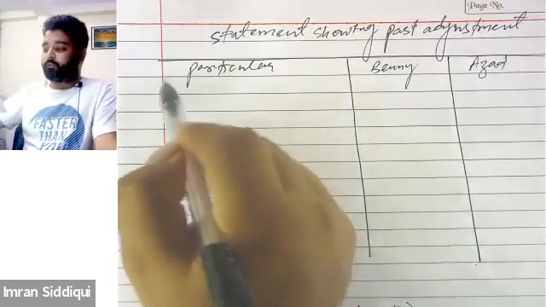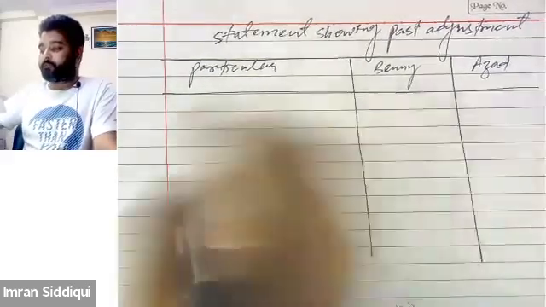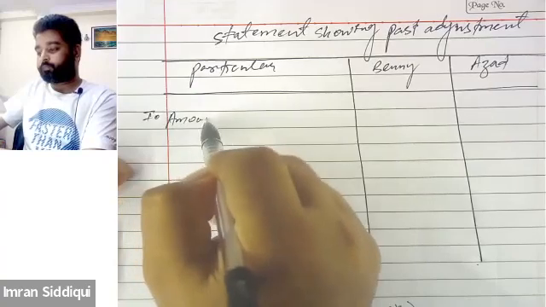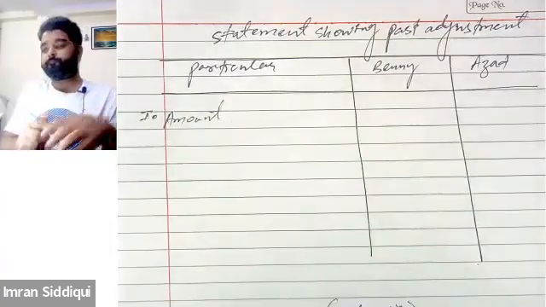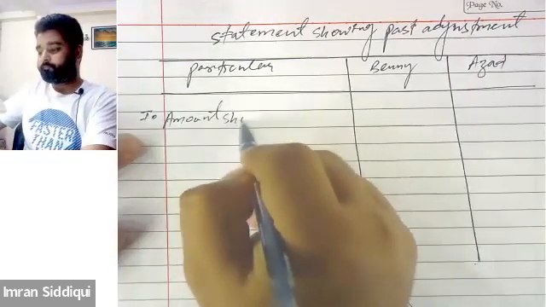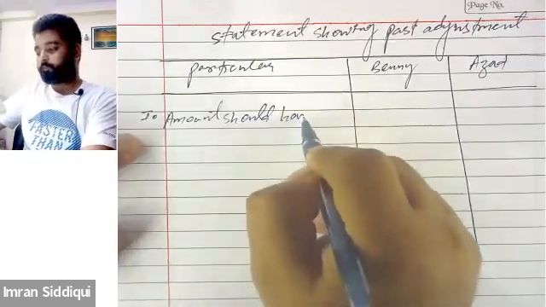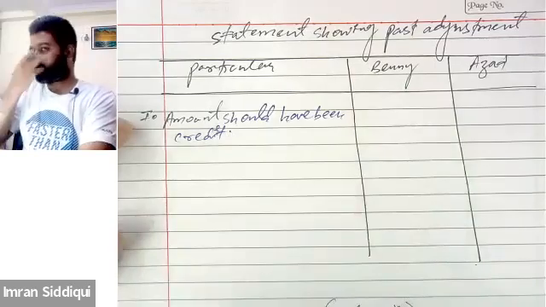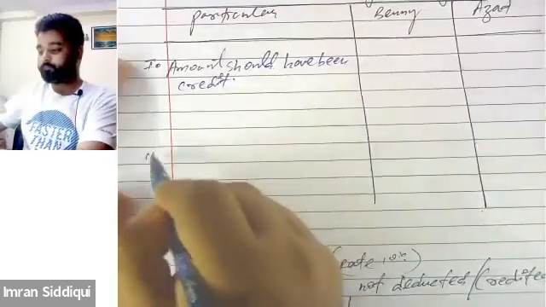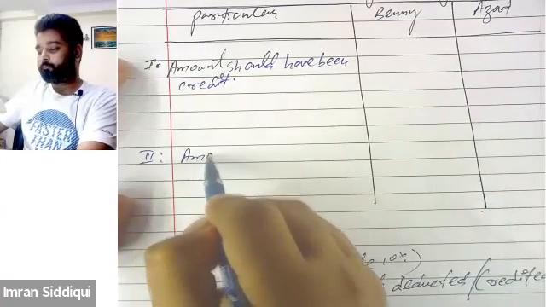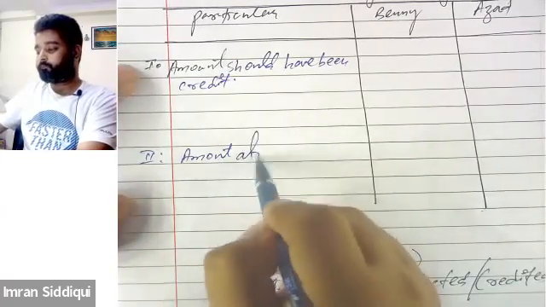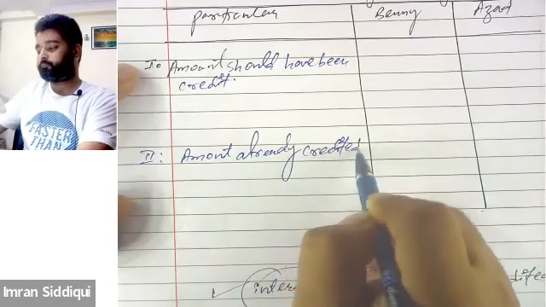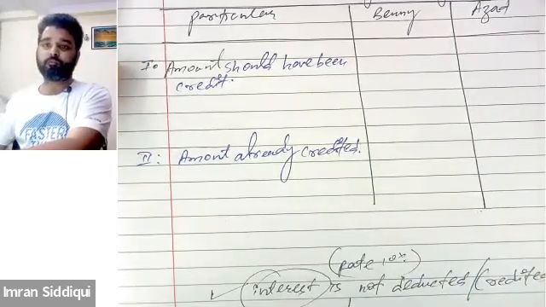In this statement, the first thing that we are going to write is the amount that should have been credited, and then the amount already credited. See, first of all, tell me how much amount should have been credited.